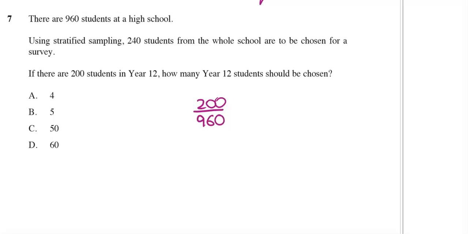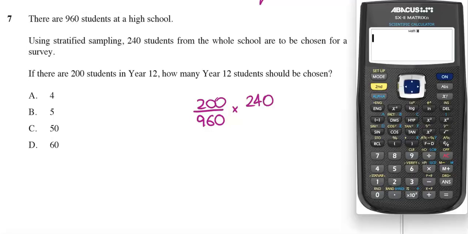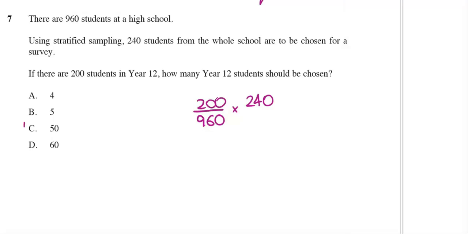We need to maintain that proportion when we sample from 240. So in our calculator, 200 over 960 of 240, 50. The answer is C.